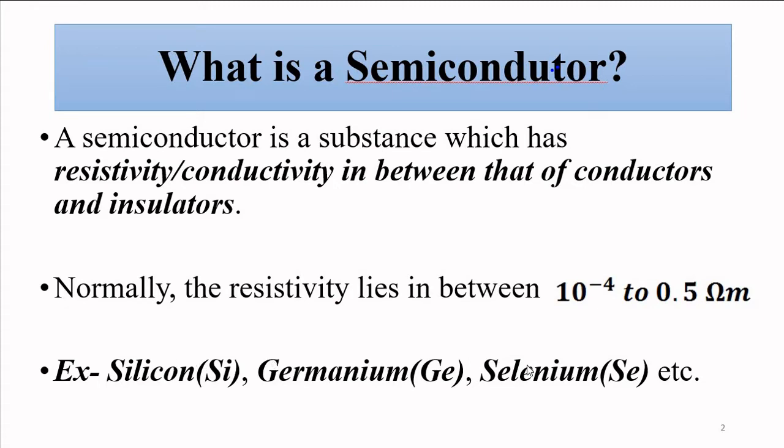Examples: silicon, germanium, selenium, they are elemental semiconductors. There are other compound semiconductors too that we'll discuss. So basically it has its conducting properties in between that of perfect conductors and perfect insulators.